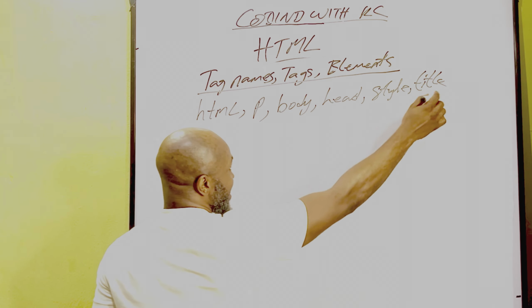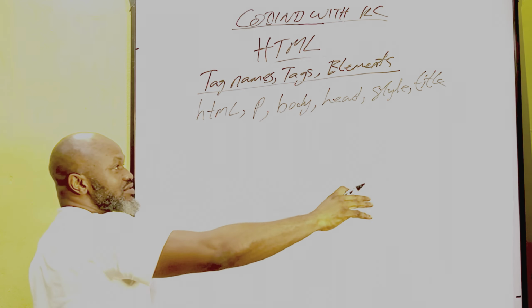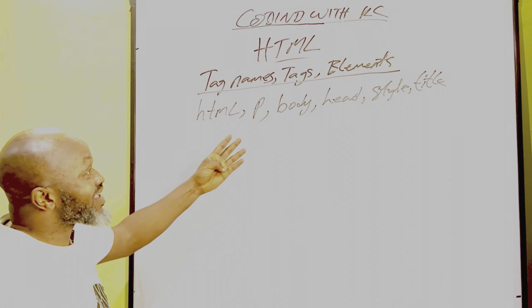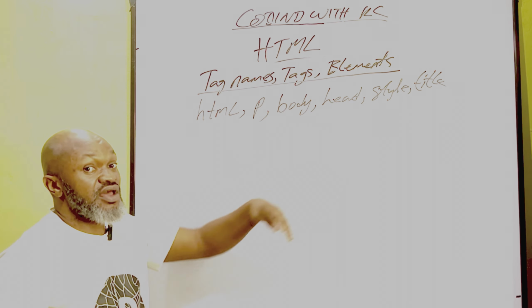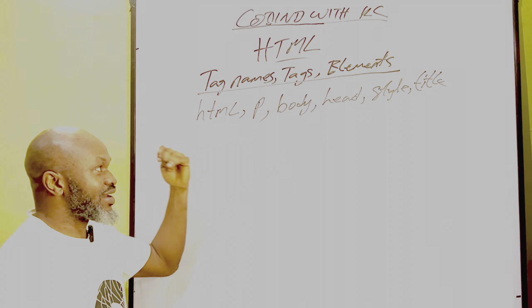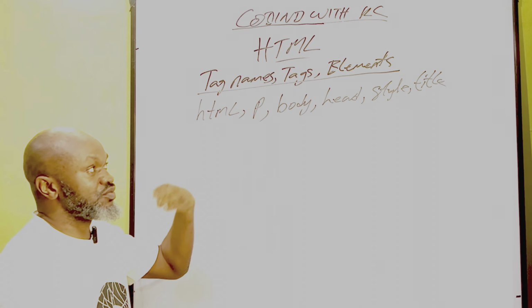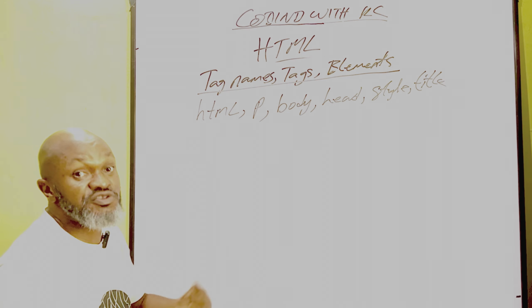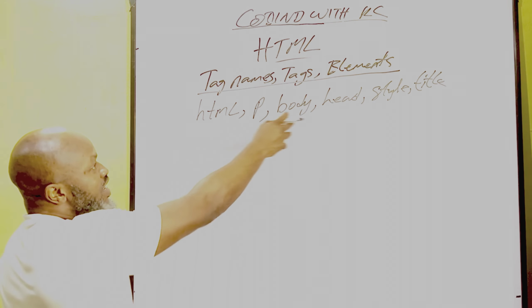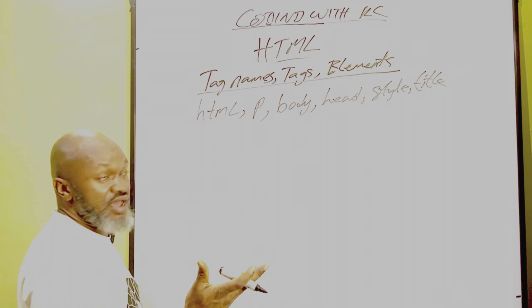All these things are HTML keywords that exist. They are part of the language. You have to know them, and as we go, as we are teaching you, you'll be meeting them, and then you'll know how to use them and what they are used for, right? So these are tag names. They belong to the language.